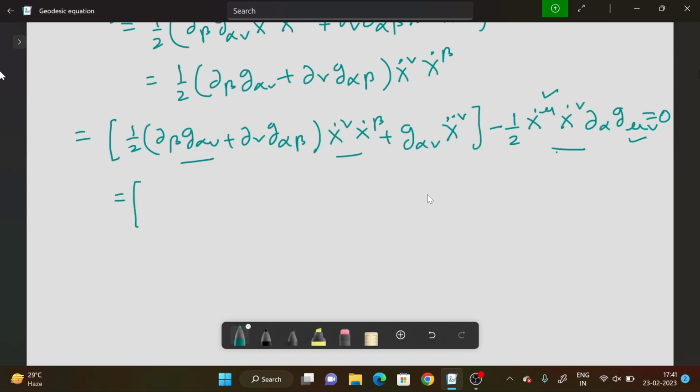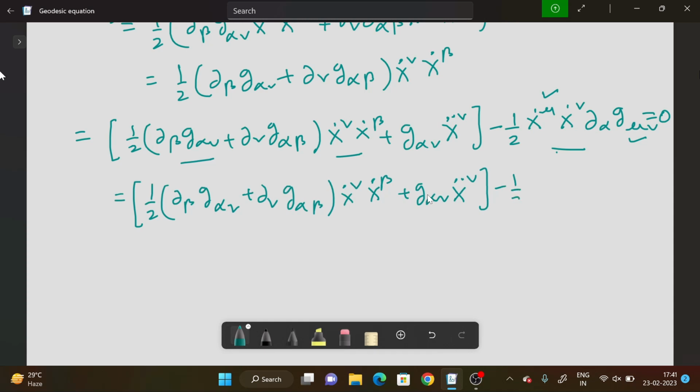We can write this as 1 upon 2 d beta g alpha nu plus d nu g alpha beta times x dot nu x dot beta plus g alpha nu x double dot nu minus 1 half times, now this will become x dot beta and x dot nu d alpha g beta nu is equal to 0.